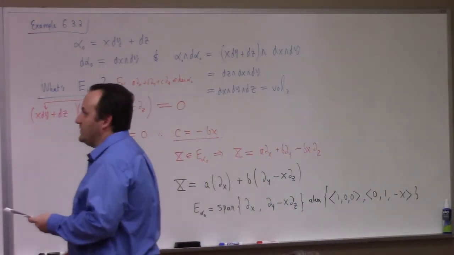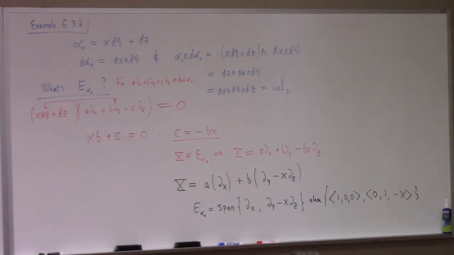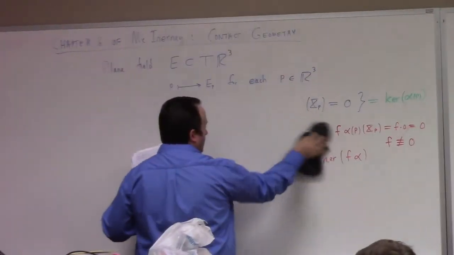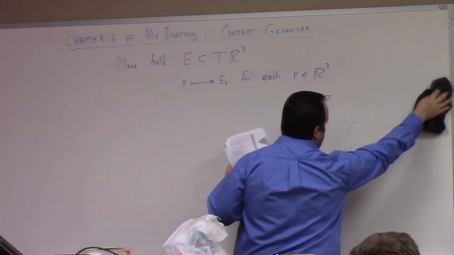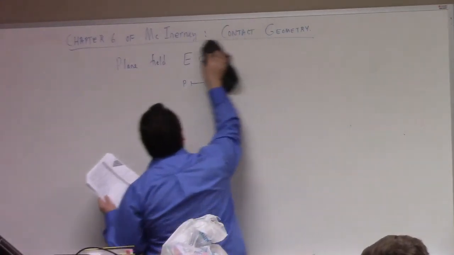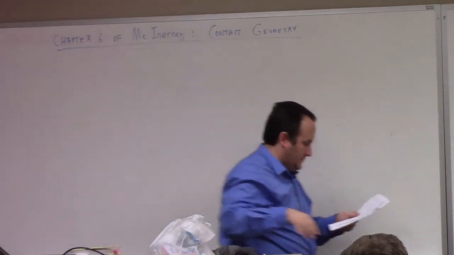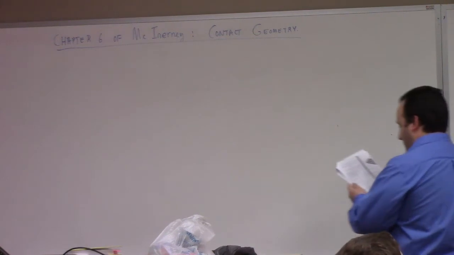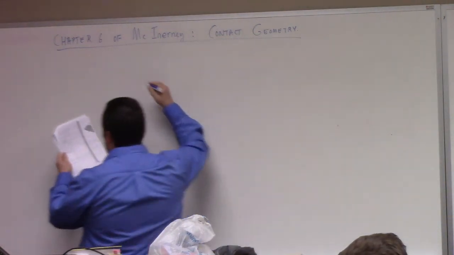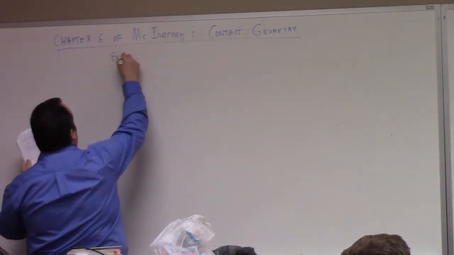In the previous section, another interesting contact form, motivated from the study of either the propagation of light or a differential equation, is given as follows. This is example 6.3.